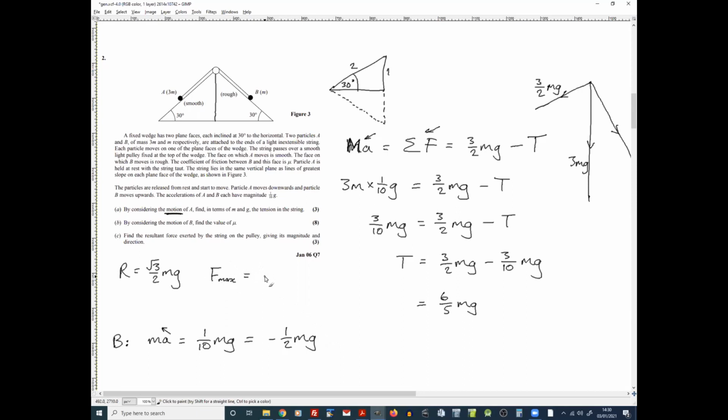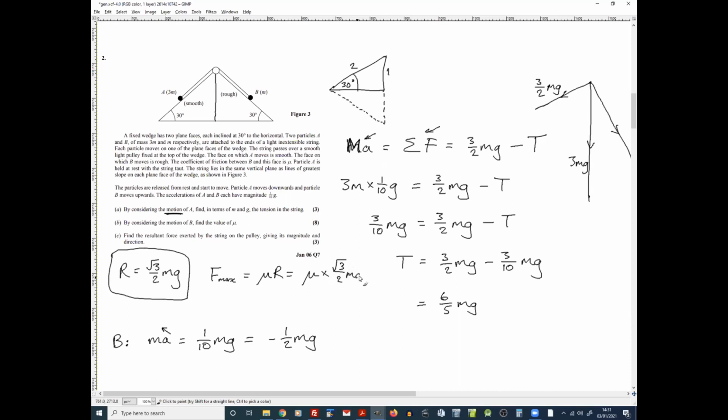Friction equals what in terms of mu and reaction? Mu times the reaction, which we know is, in terms of mu? I don't know how you'd know the answer to that. But we've got an expression for R, the reaction. Oh, okay, so just mu times root 3 over 2 mg.